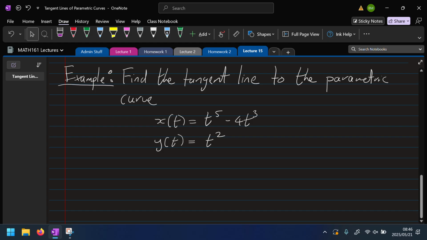Okay, so we have this as our parametric curve at the point (0, 4). At this point, what is the tangent line? So step 1, find the gradients.